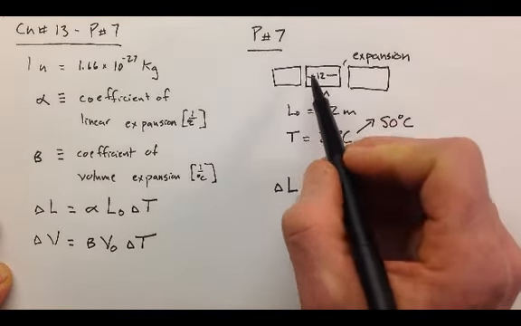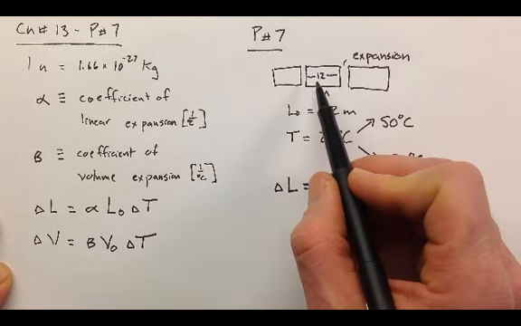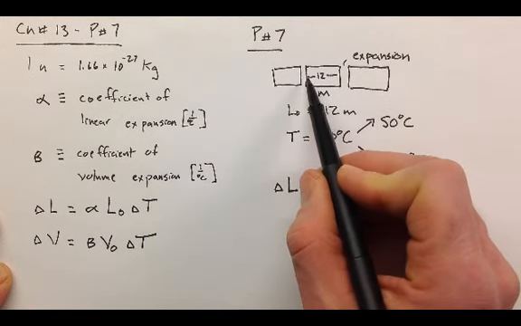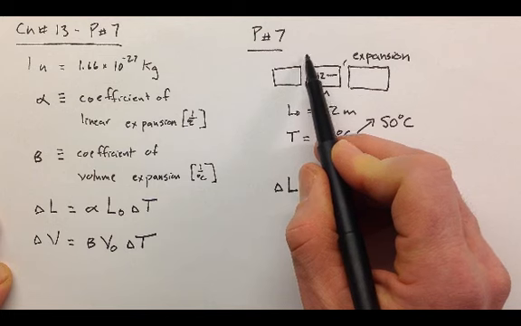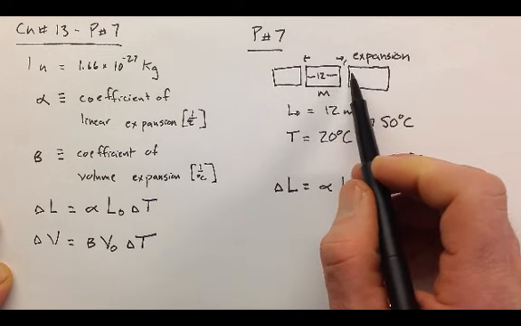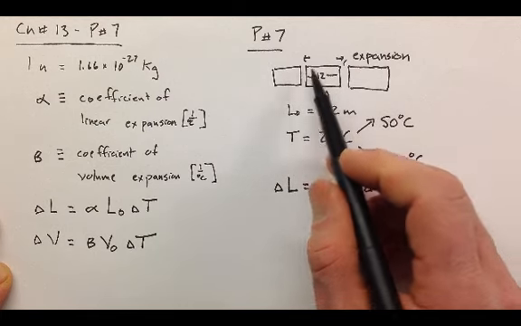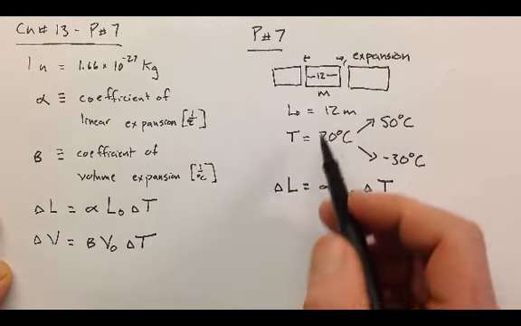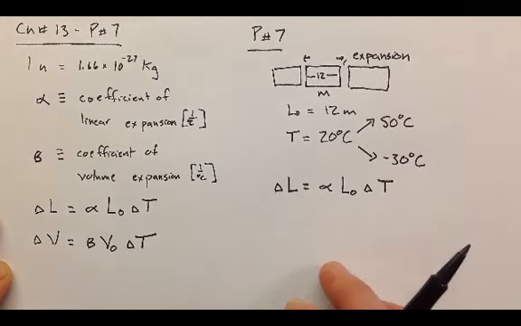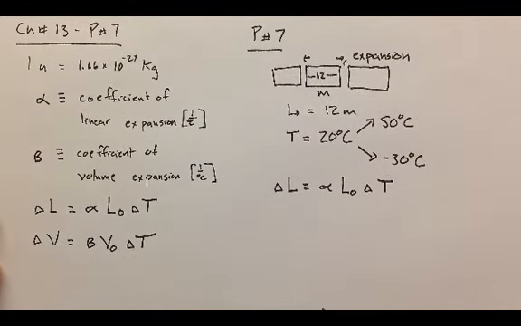Now here I can see that delta L should be the width of the expansion crack. If this slab were to expand, it would obviously expand both that way and that way, but so would the slab on the other side. So the total expansion of this guy would be delta L, and half of it would be one way and half of it would be the other way, but we're assuming the other slab would expand too.